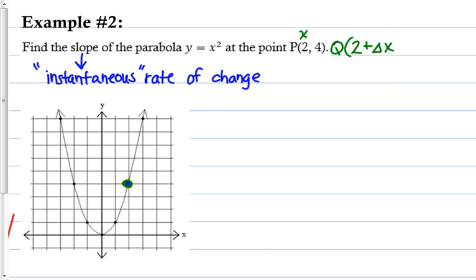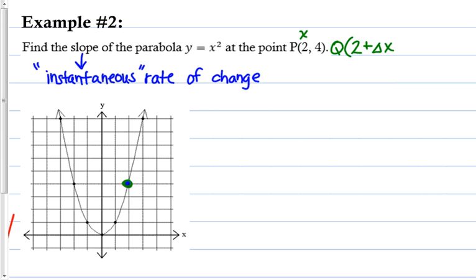And what that means is 2 plus a little bit. How much or how little doesn't really matter. It's 2 plus something else. It's not just 2. So it's really close to 2. But I'm just going to call it delta x.